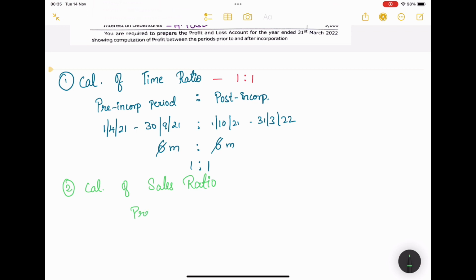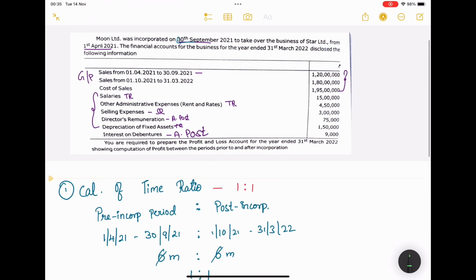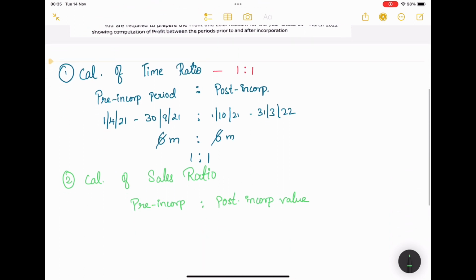So pre-incorporation to post-incorporation value: the values given in the question are 1 crore 20 lakh to 1 crore 80 lakh.